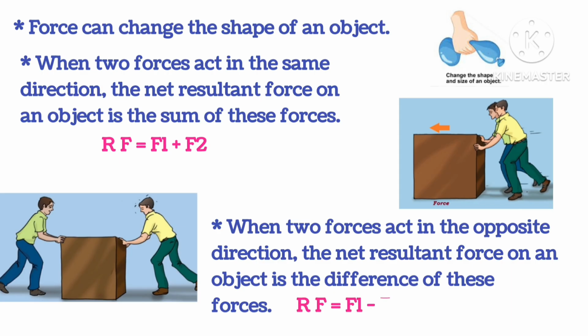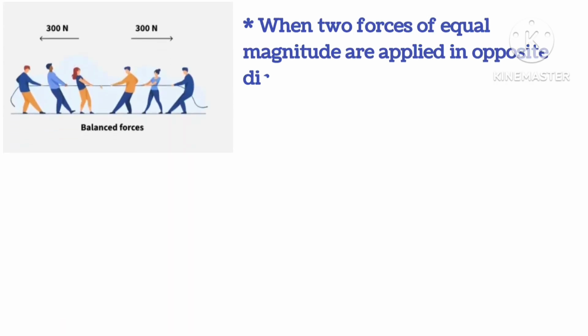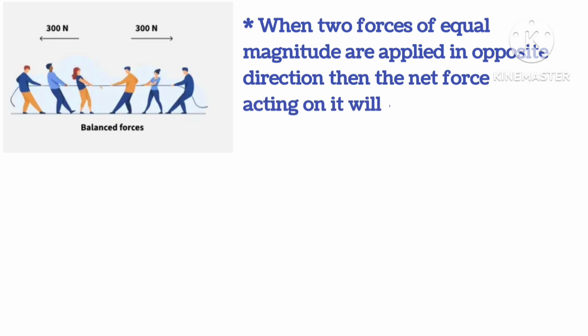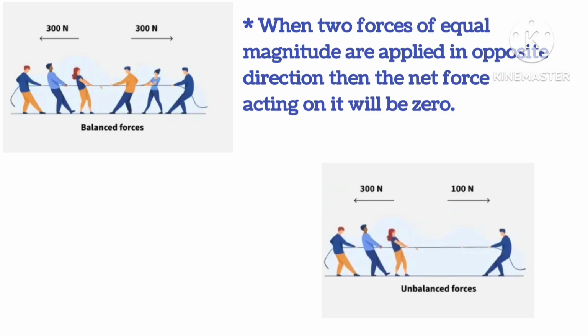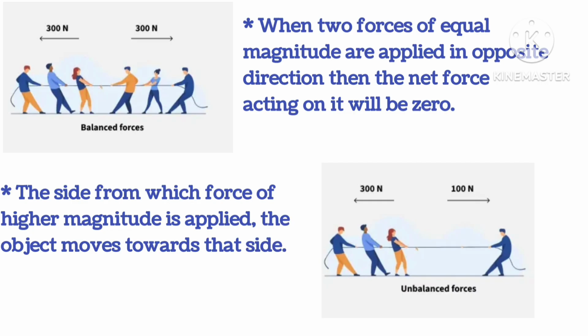That is, resultant force is equal to F1 minus F2. When two forces of equal magnitude are applied in opposite directions, the net force acting on it will be 0. The object moves towards the side from which the force of higher magnitude is applied.